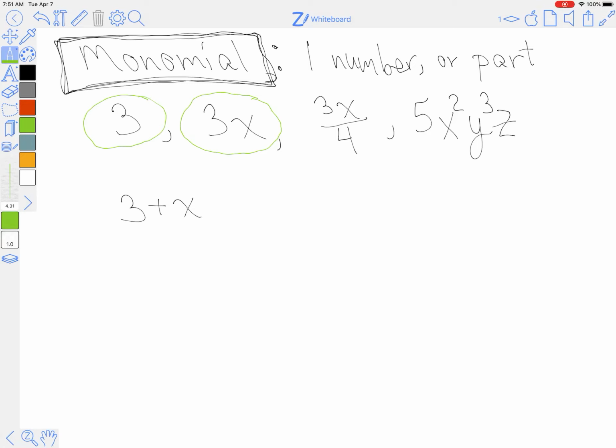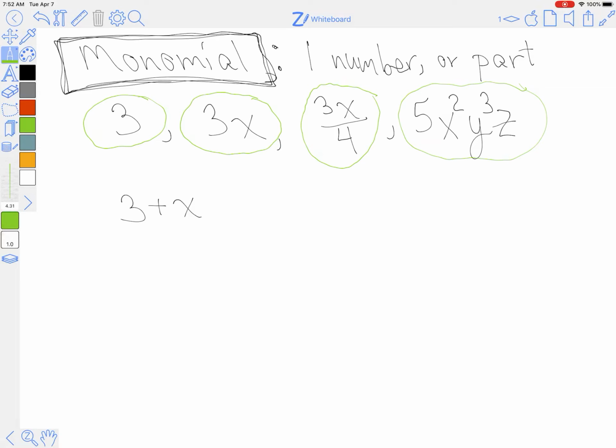So 3x is still considered a monomial. The same with 3/4 x. That is still a monomial because it's one part. It's kind of grouped together there as one. And the same with this 5x squared y cubed z. So all of those examples I've showed you are monomials.